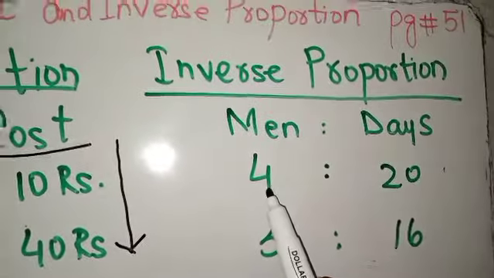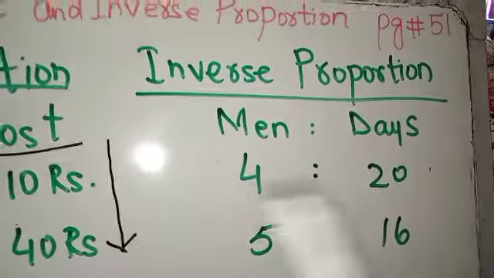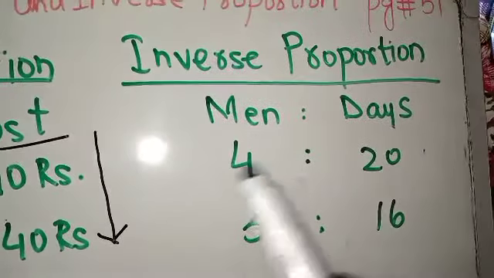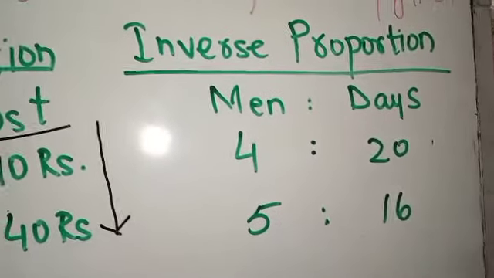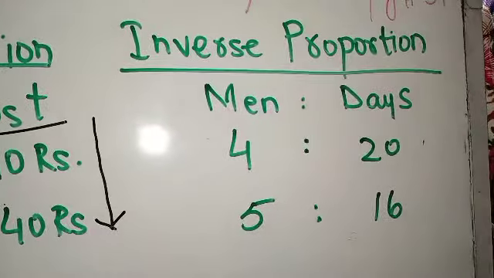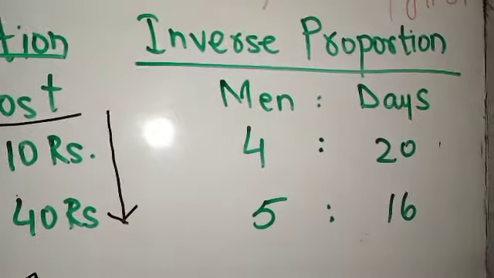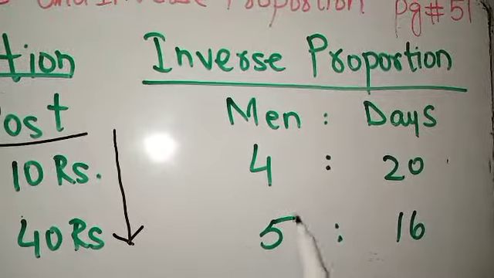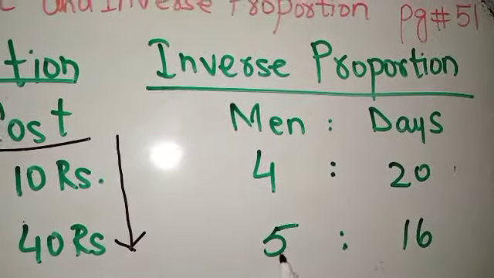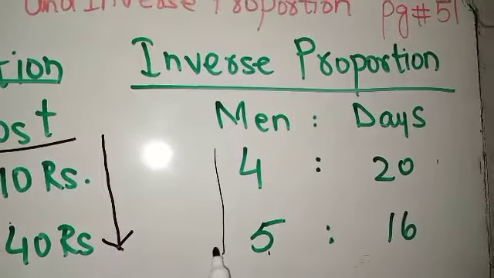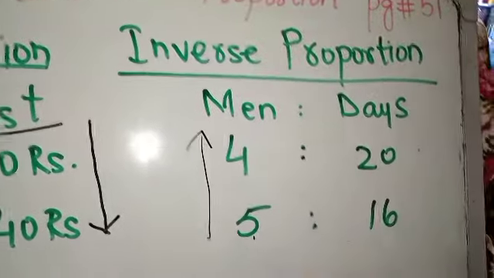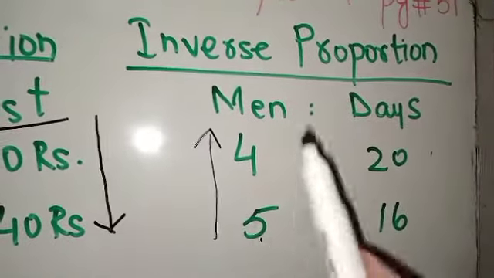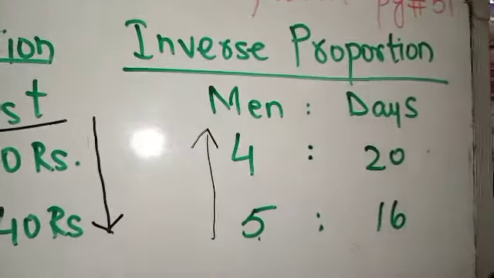So I employed 4 men to paint the wall, and they will finish painting that big wall in 20 days. I thought they would take much more time, so why not reduce the days? So what I did, I employed 5 men now. I increased the men to do that same particular job, painting the wall.